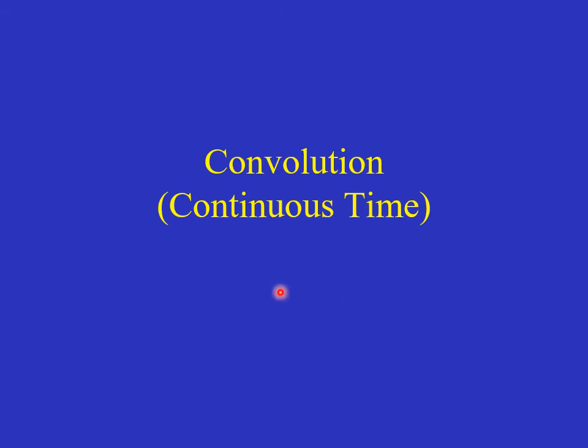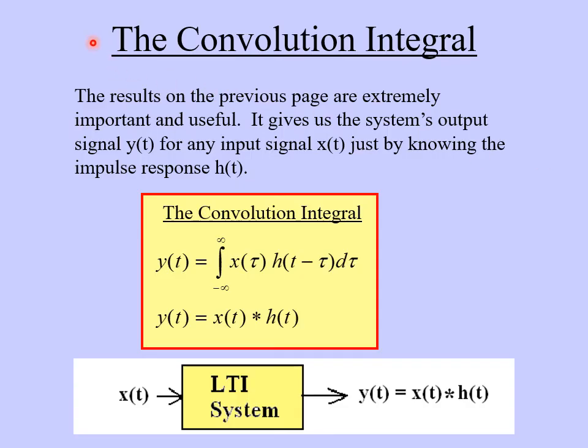So that was a whirlwind, quick derivation of convolution. The steps that we did there are not really as important as just being able to use the result and perform the continuous time convolution integral, which is what we're going to look at next. So the convolution integral is basically shown here in the yellow box.